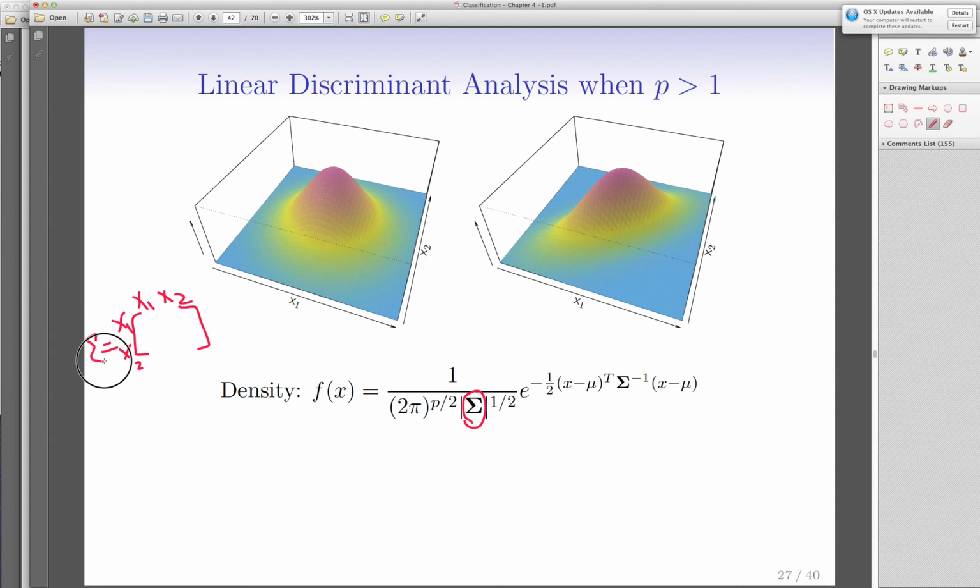Sigma, which is called the variance-covariance matrix, has the variance of each variable on its diagonal elements, and it has the covariance of variables in the off-diagonals. For example, here the covariance of x1 and x2 is -1, the variance of x1 is 1, and the variance of x2 is 2.